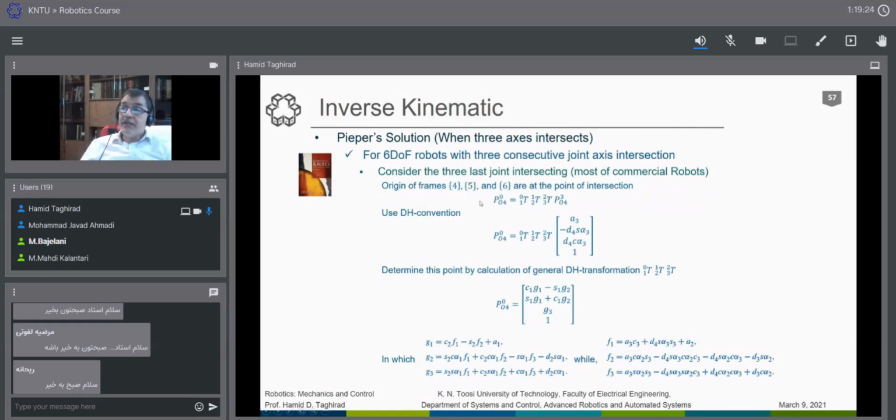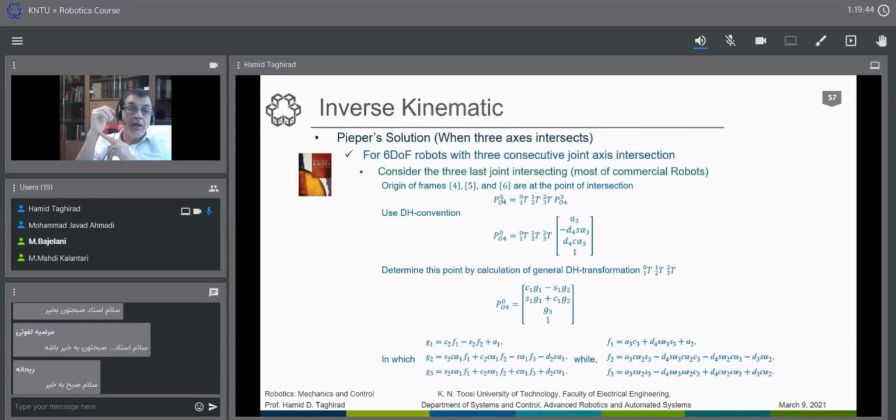So this means that frames 4, 5, and 6, the last three frames, which give the orientation of the manipulator, are intersecting. So we can separate position and orientation by using the wrist point, W, or P point.